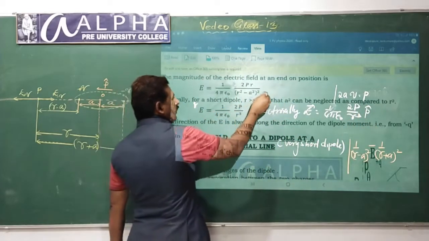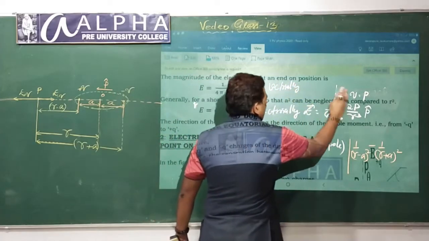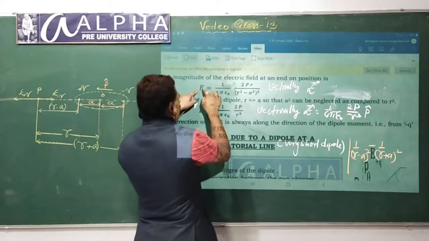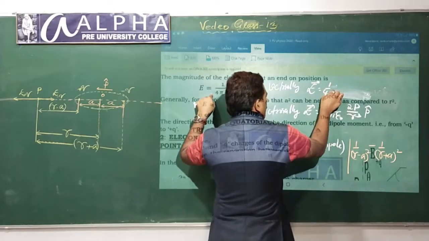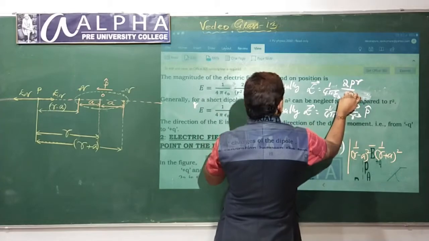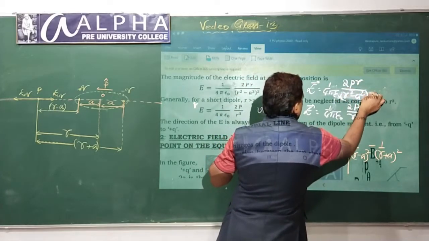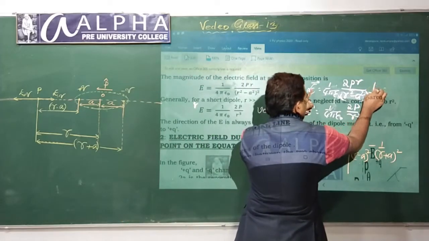And here also you can write vectorially, you just write arrow over it. Arrow is just magnitude. Now if you don't write arrow, magnitude, so 1 over 4 pi epsilon 0 into 2pr divided by r square minus a square whole square, right? Once you write arrow, you have to write unit vector p here.